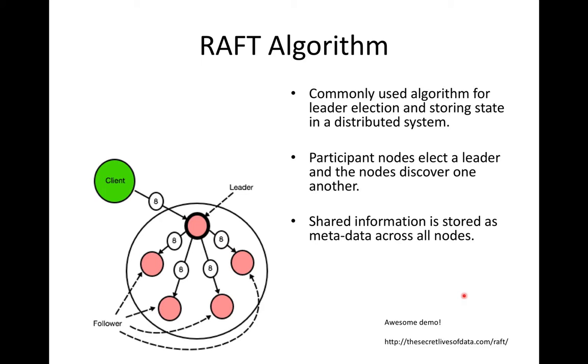If the leader node fails for some reason, then the remaining nodes will elect a new leader, as long as there is a quorum, or at least a majority of nodes present within the cluster. Information then is also shared and stored across all of the nodes in the cluster.